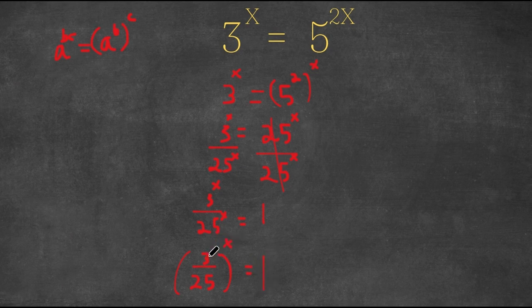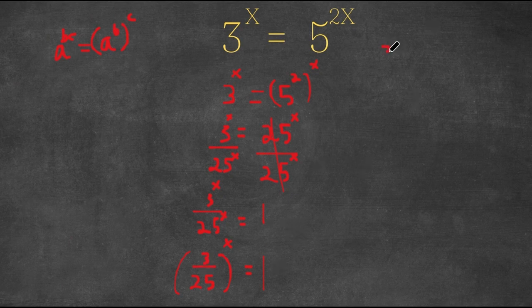Because the x just multiplies with all our numbers here. So this is equal to this. And now what we want to do is make our bases the same. So another way to write 1 is 3 over 25 to the power of 0. And that way, both our bases would be the same.